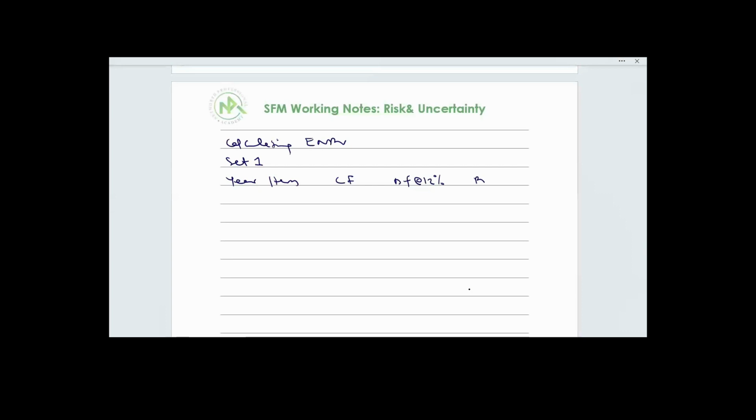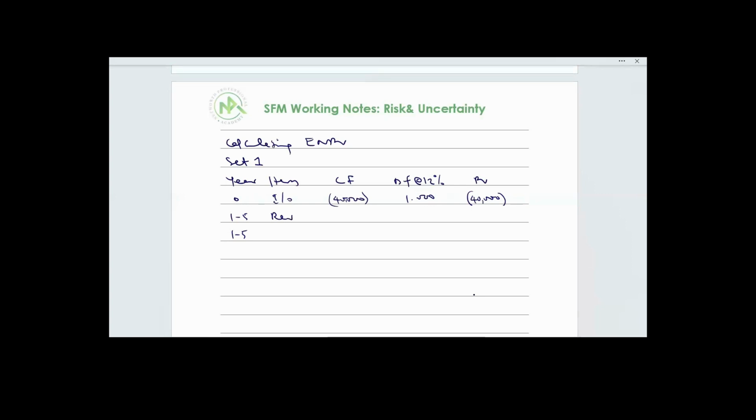Then PV, year 0, useful life is 5 years. So initial outlay, how much are we investing? Initial outlay is 40,000, multiplied by 1, 40,000. So revenue.